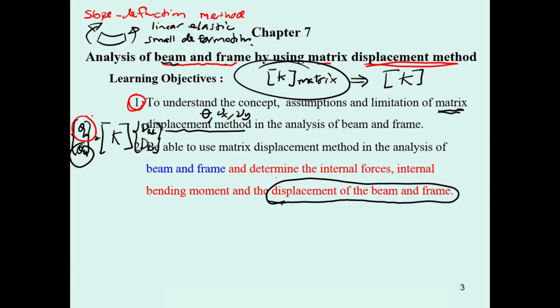The truss is only subjected to force, and if you recall, the force is applied to the truss at the node of the truss. However, the beam is different. The beam, when it's subjected to external loading, is subjected to load between the nodes, not only at the nodes.